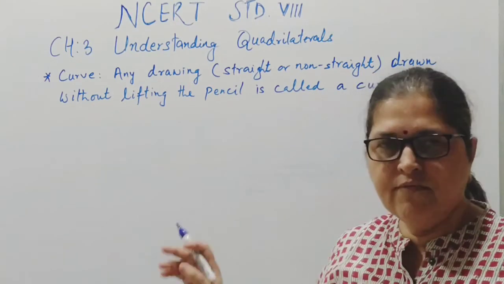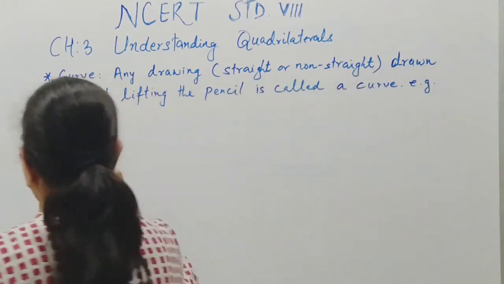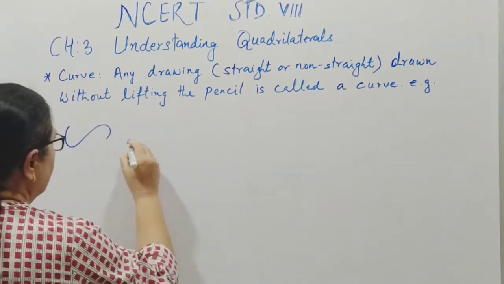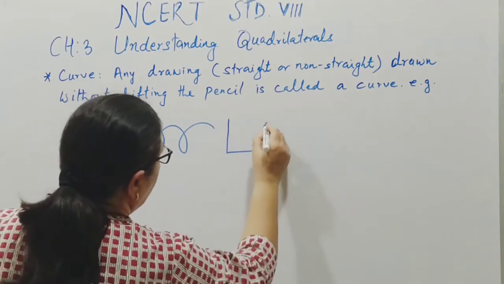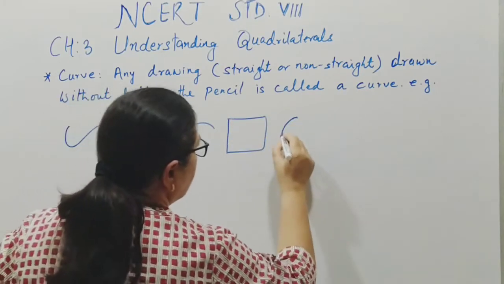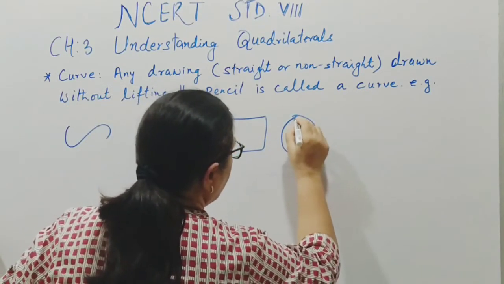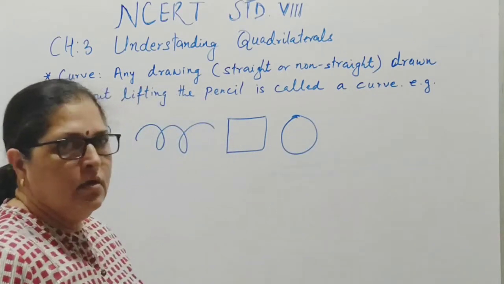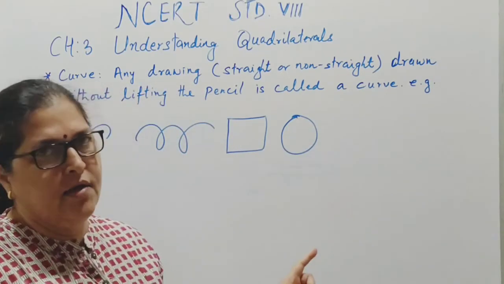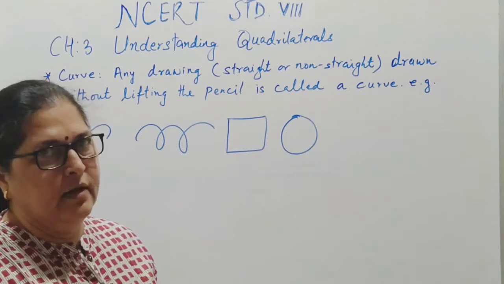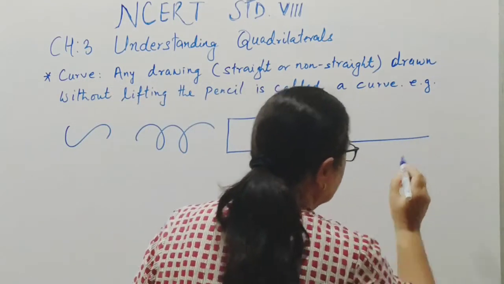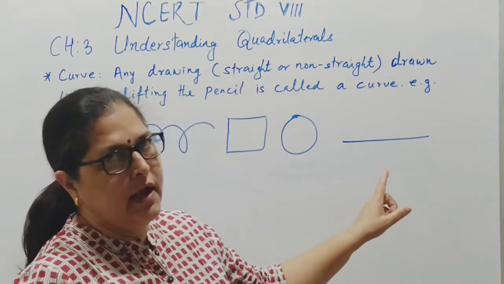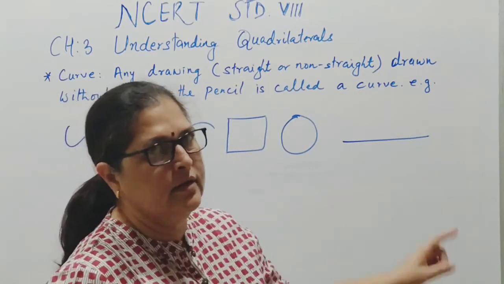For example, I will draw a few figures here. These all the figures I have drawn without lifting the pencil. Now one more figure I will draw. This figure also I have drawn without lifting the pencil.